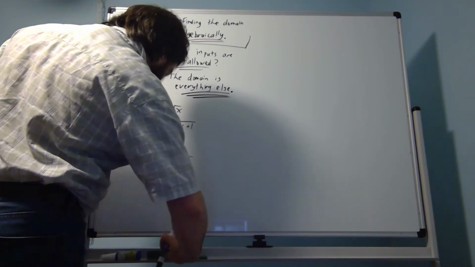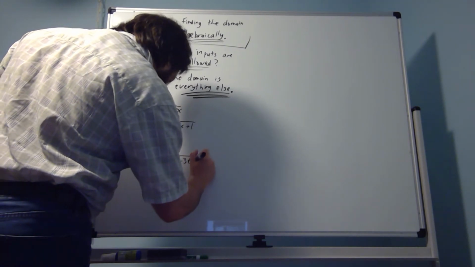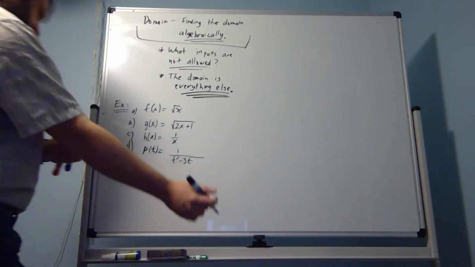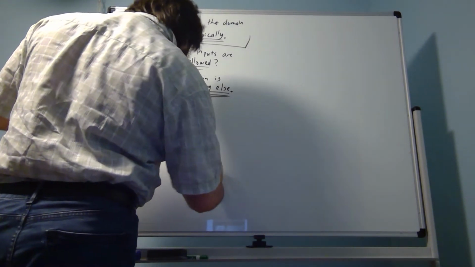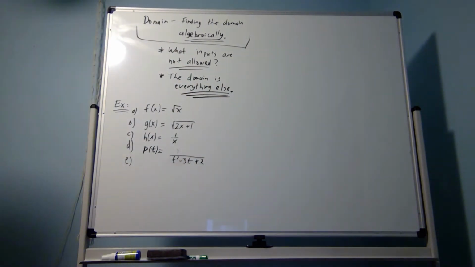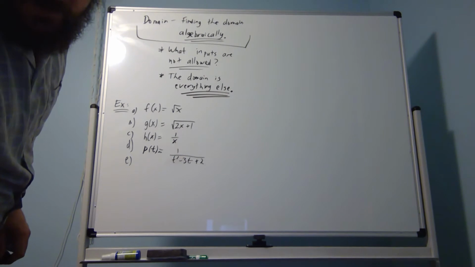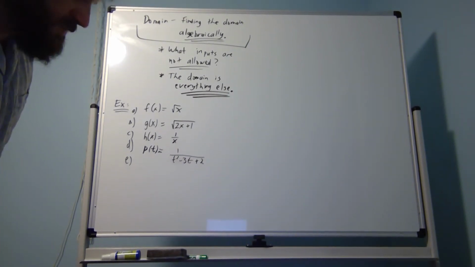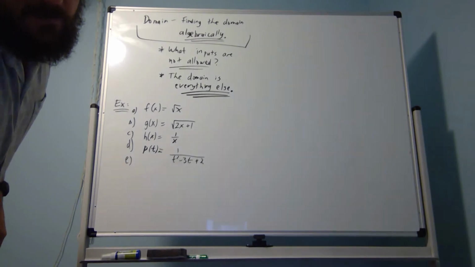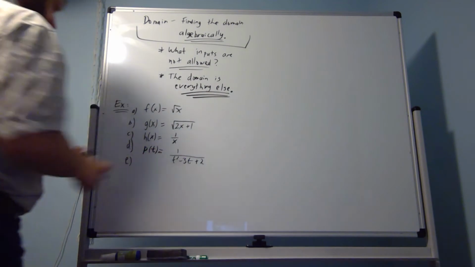Let's do something else. Yeah, that's about right. Oh, I want to make sure it's not too similar. Yeah, that's different enough. All right, so this one might be a little tricky.